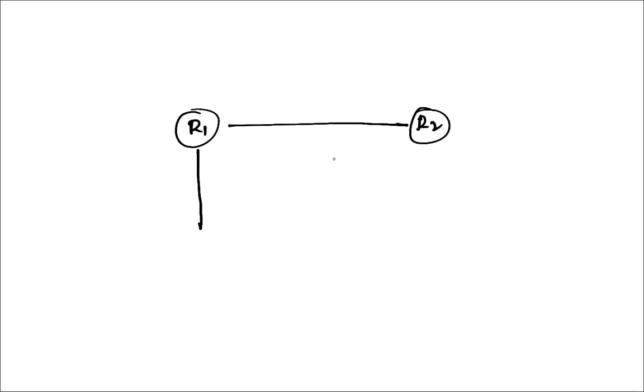Now assume that you have router 1 and router 2. Two routers are there, and these two routers are connected with a network. Assume that you have a switch here, switch 1, with PCs over here, and switch 2.